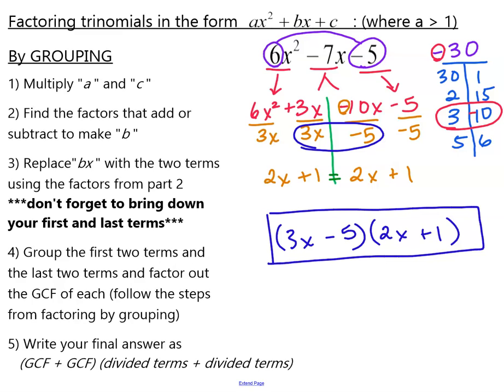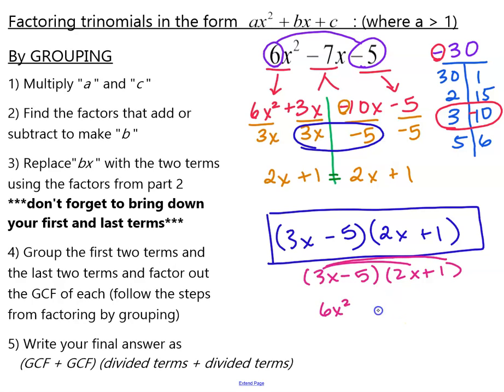Now again, if you wanted to double check to make sure you did this correctly, you would just multiply these polynomials and see if you get the original problem as your final answer. So I'll walk through that with you one time to show you how to check your answers. So multiply the first ones. That's going to give us a 6x squared.